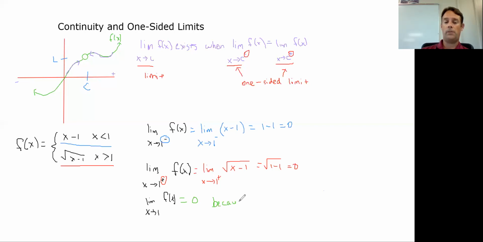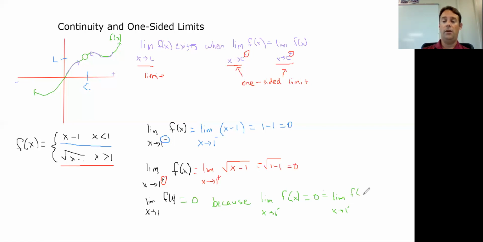Because the limit as x approaches 1 from the negative side equals 0, which is also equal to the limit as x approaches 1 from the positive side.